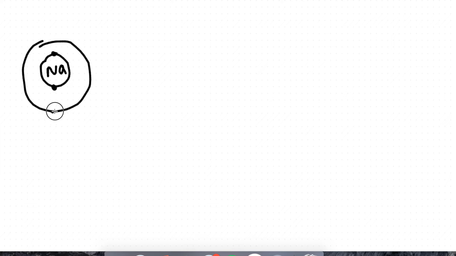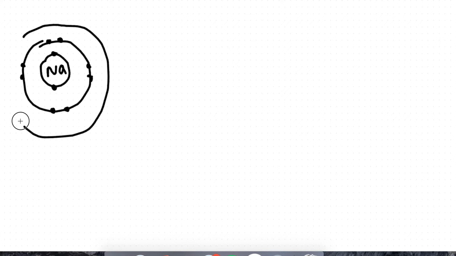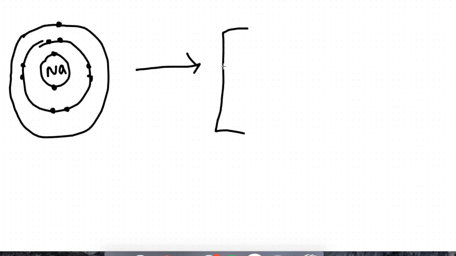Sodium, which is 2.8.1, becomes... And whenever it forms an ion, you have to put it in this square bracket.